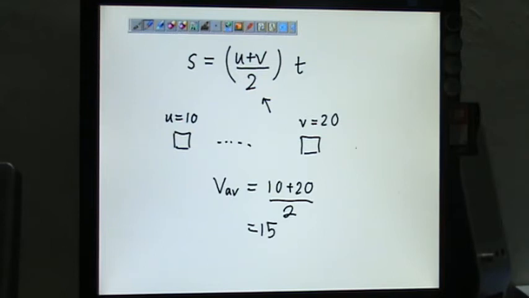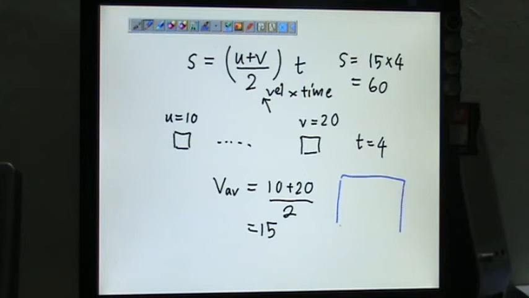So if you take a certain time frame of 4 seconds, the distance you cover is actually 15 times 4. Is it logical to use this? Very logical, because this is velocity times time. If you remember your formula, velocity or speed is distance over time.